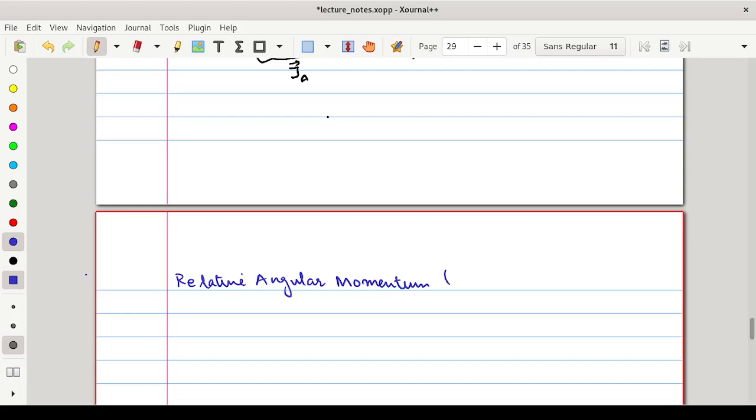While solving problems, sometimes it is easier to use relative angular momentum rather than angular momentum itself. Relative angular momentum for a system of particles about a reference point A is denoted by HA prime.